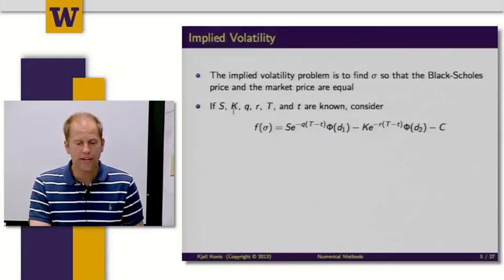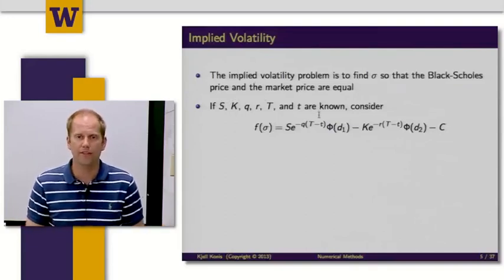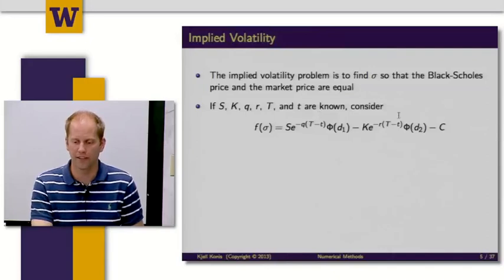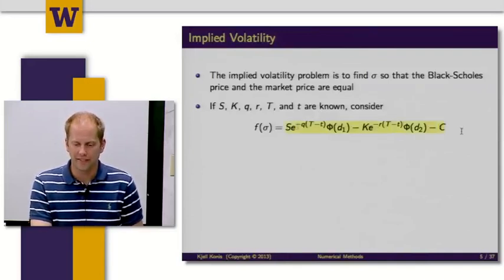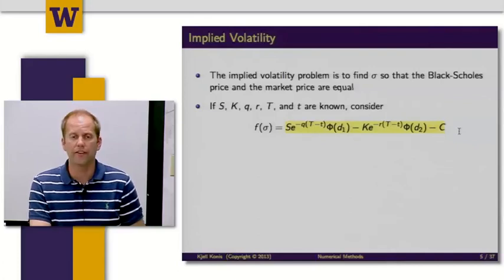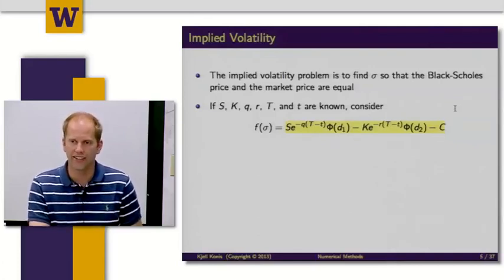So what I want to look at is, if S, K, Q, R, T, and little t, which are basically all of the inputs to the Black-Scholes pricing formula for a European call option, are known, and I also know what the price of that option is, then I can think of this as a function of sigma. So there's only one unknown in this highlighted side of the equation, and that's sigma.